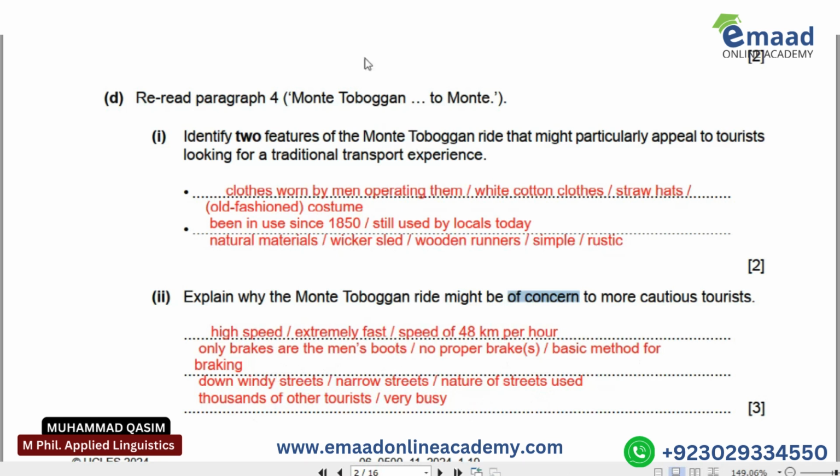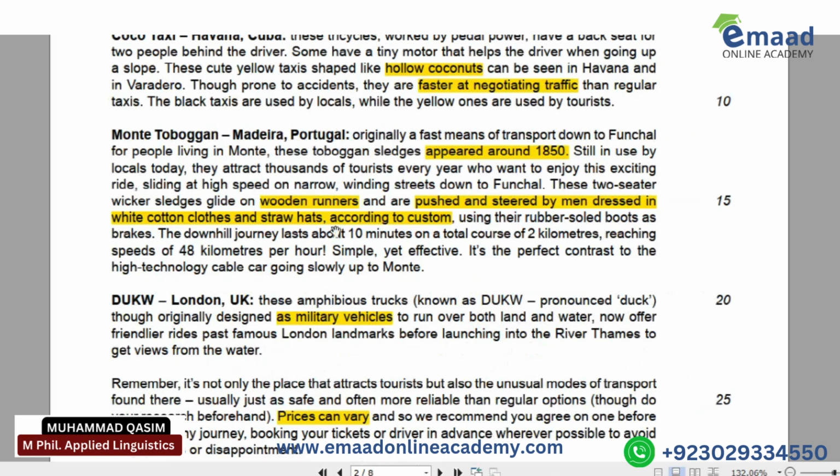So where did we get these features from? Here you can see tourists everywhere who want to enjoy the exciting ride sliding at high speed on narrow winding streets down to Funchal. So some cautious people might have concern, and also about 48 kilometers per hour. So it's high speed.